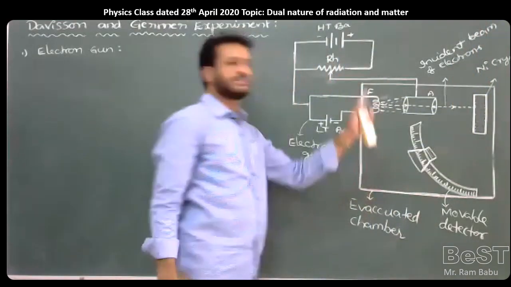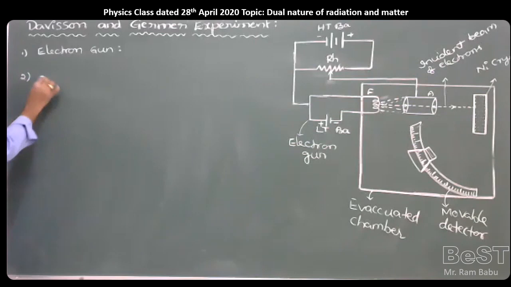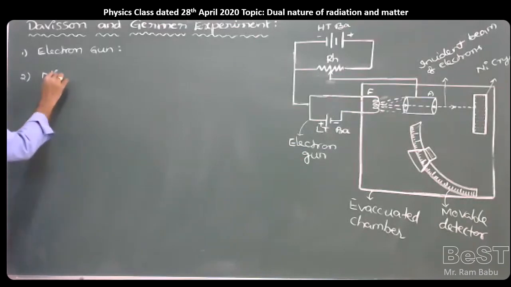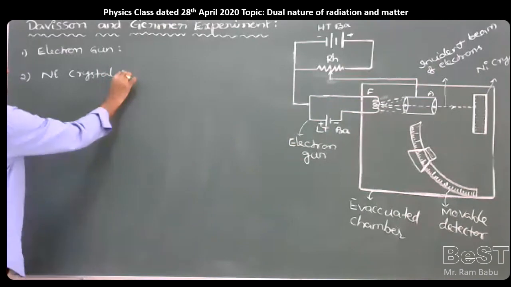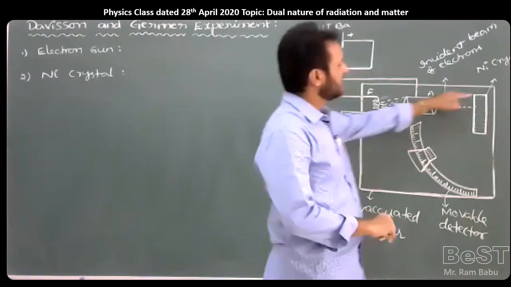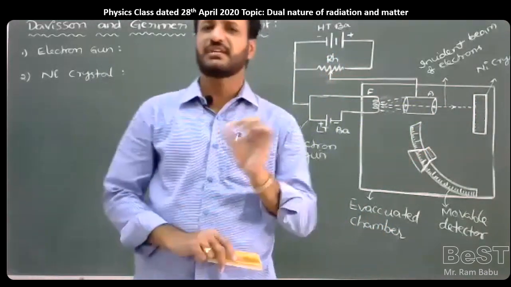Whenever the electron beam is incident on the nickel crystal. The second important part of the apparatus is the nickel crystal, or simply Ni. Why do we choose a nickel crystal? The nickel crystal has a perfect arrangement of atoms like this. It acts like a three-dimensional diffraction grating.